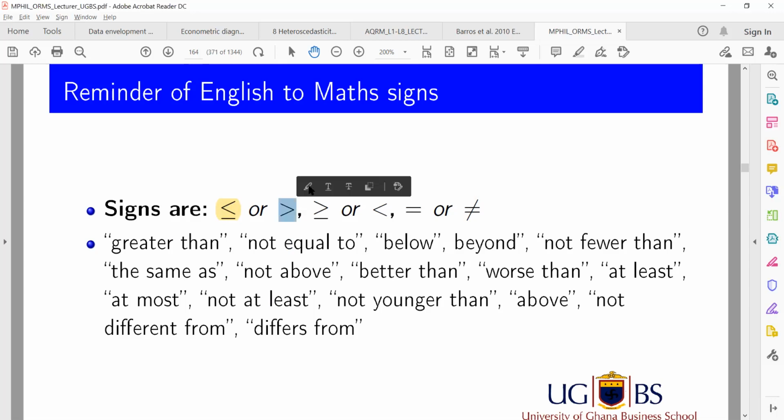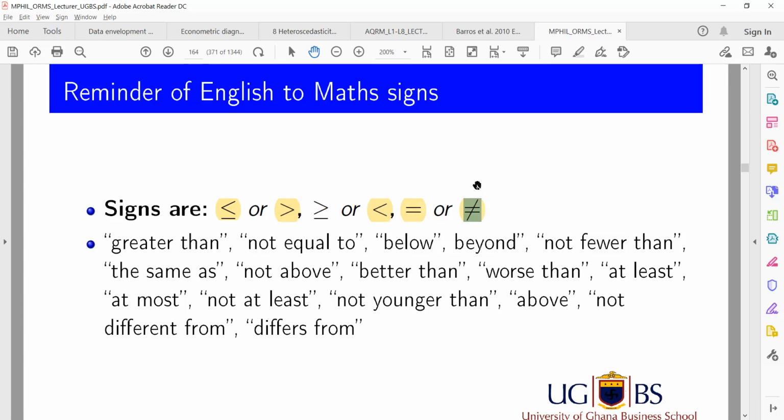Greater than or equal to. Sorry, the second symbol is greater than, then this one is greater than or equal to. And then this one is less than. This one is equal to. And finally, this last symbol is not equal to.